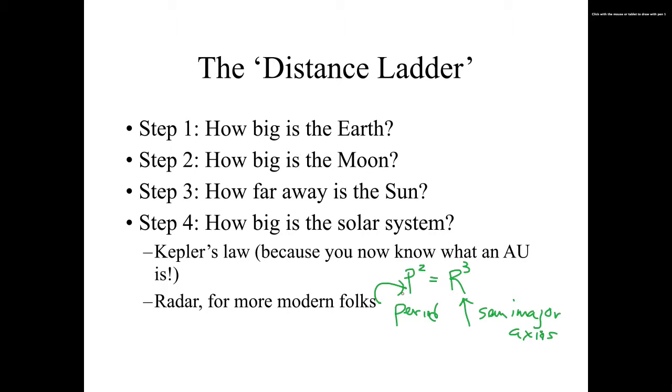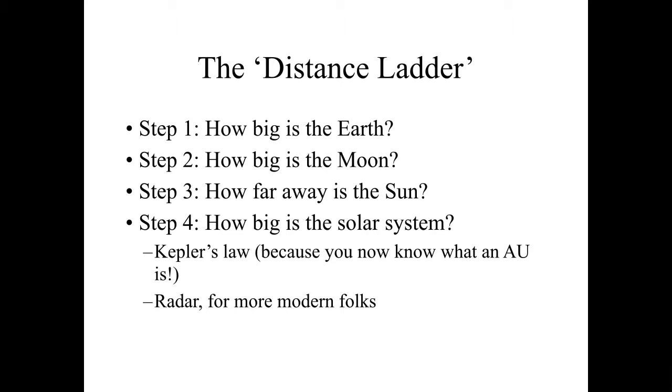So because we have this Kepler's law in place, as soon as you know the distance between the Earth and the sun, you have the entire solar system. So these 4 steps, from measuring the size of the Earth to figuring out how big the moon is and how far away the sun is, give you how big the solar system is. So this gets us out to our entire solar system for any object that we can measure in our solar system.